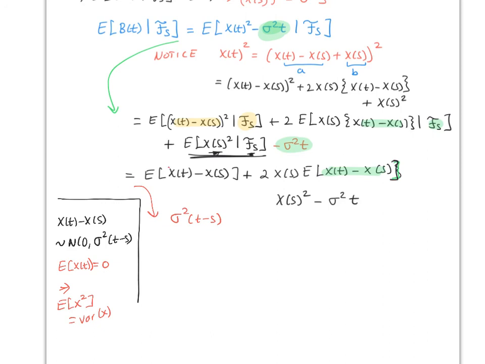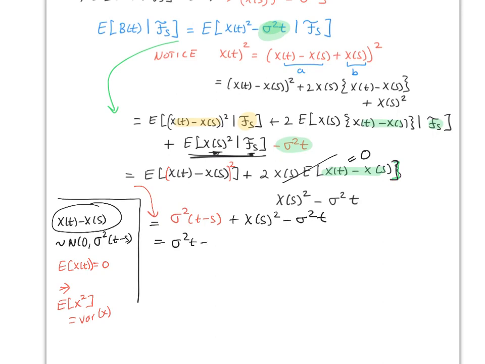Now here I'm missing the square. Also remember that from the same reasoning, this part is equal to 0, so all of this is gone. So this will equal sigma squared t minus s plus x of s squared minus sigma squared t.